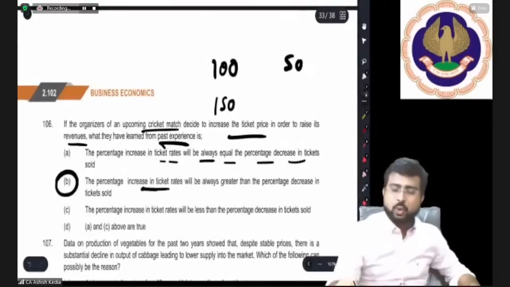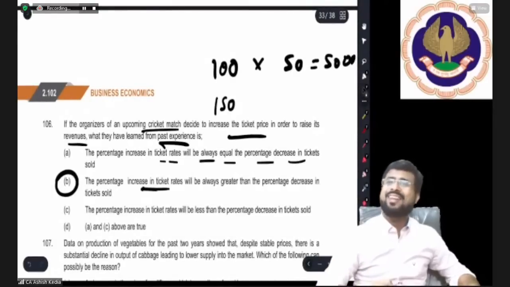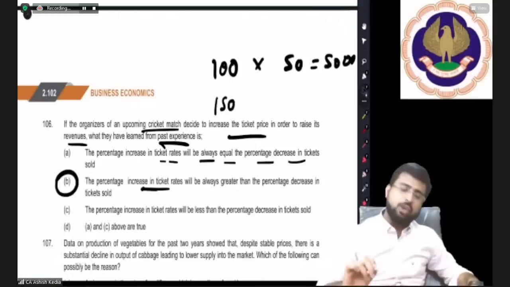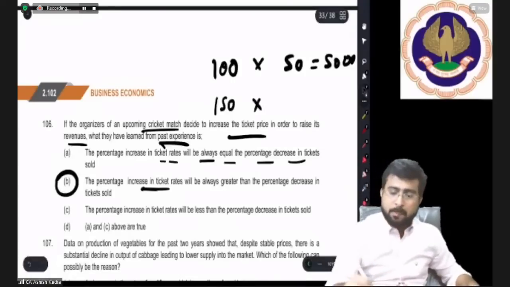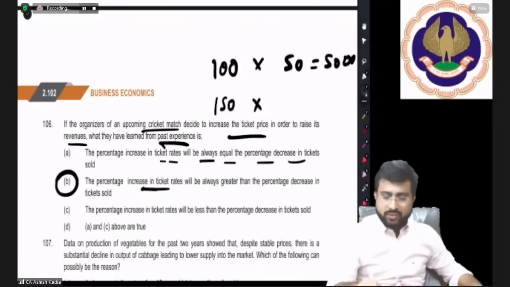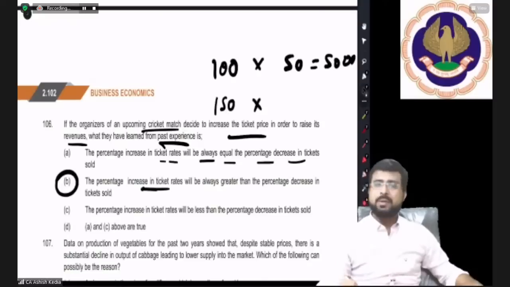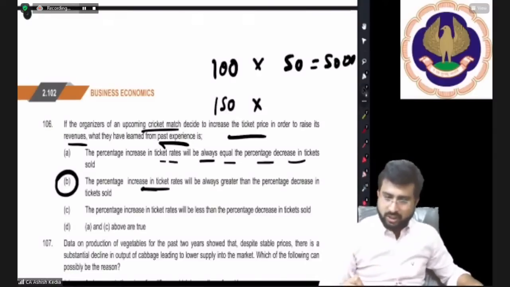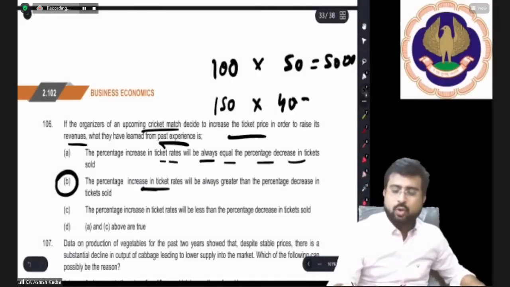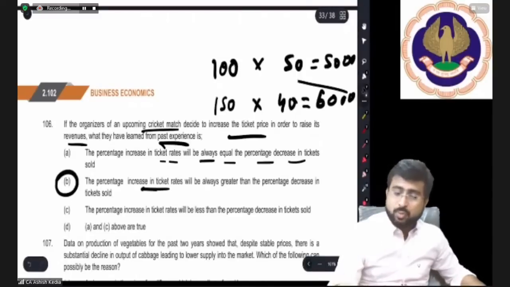The total revenue, if you multiply both, was 5,000. Obviously price increased, but quantity will reduce by a lesser percentage. So if price has increased by 50%, let's say quantity is reducing by 20% only, that is 40 units, so 6,000. That is why revenue will rise.